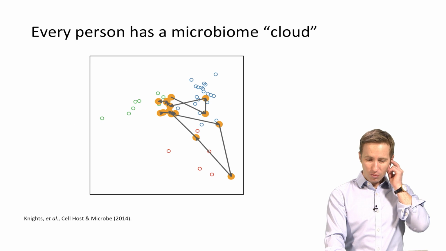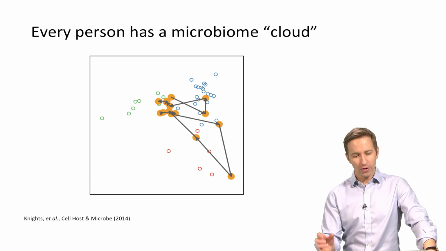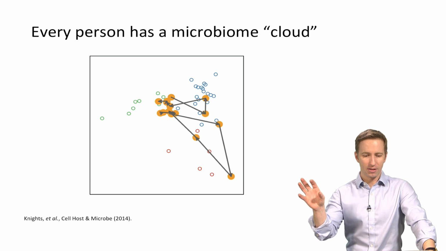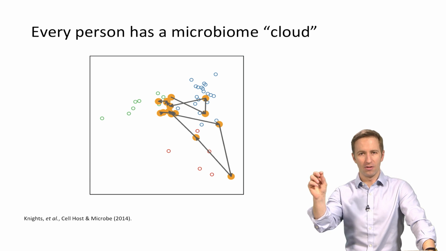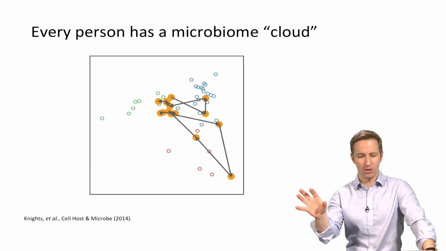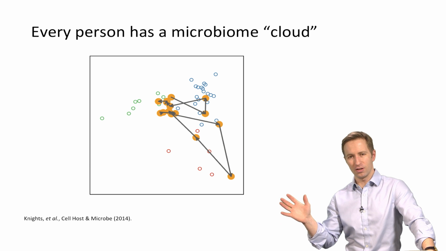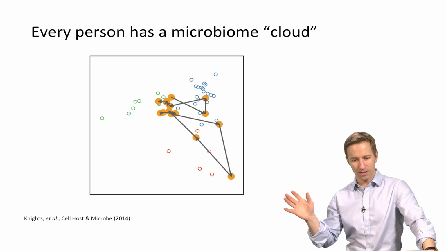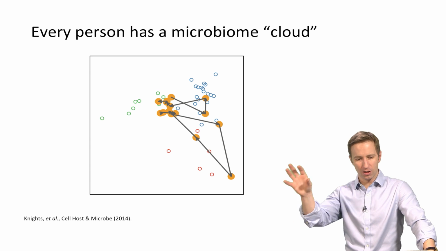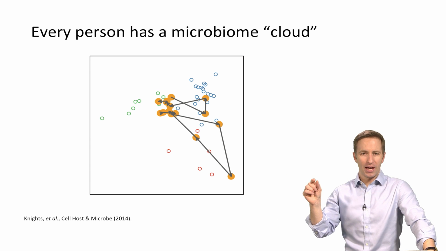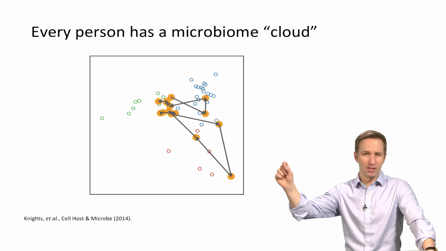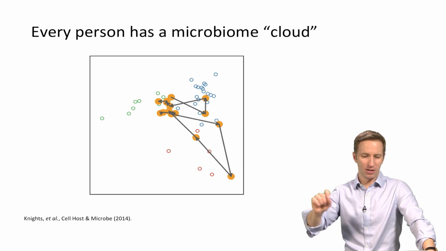Now, to make matters worse, we figured out a way to project a time series of microbiome samples from a single individual onto the original microbiome clustering of samples. And what we saw was that one person can walk between clusters even in the course of a week.